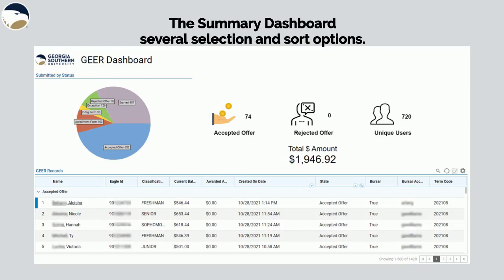Rejected. The number that have rejected the offer. 5. Exception. The number that encountered an error of some description. 6. Accepted offer. The number that have accepted the GEER offer and have completed all steps of the process.